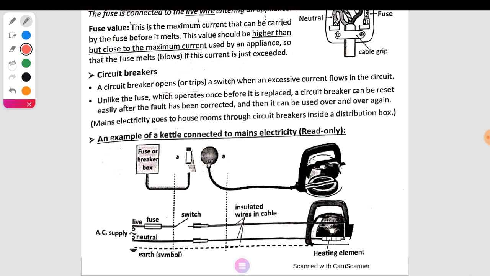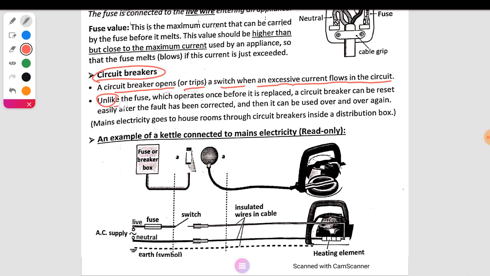The circuit breakers. Circuit breakers open or trip a switch when excessive current flows in the circuit.